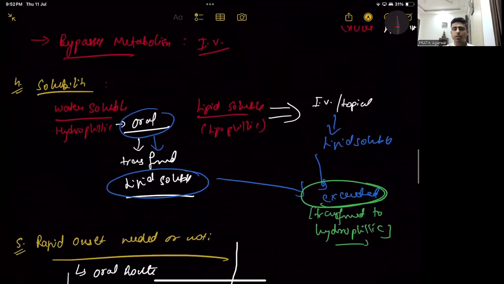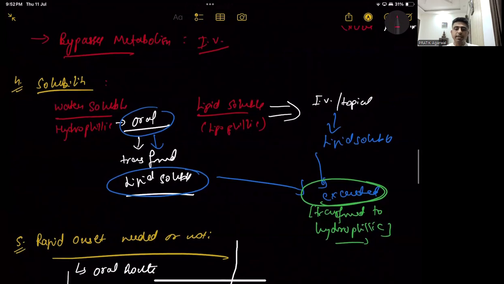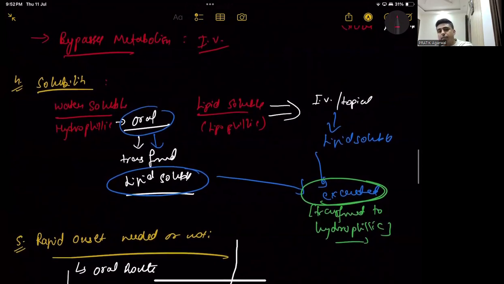Then if the product is lipid soluble, then the oral route should not be given. Any topical or IV systemic circulation route can be given because that will directly affect the cells and be transferred into the cells easily.